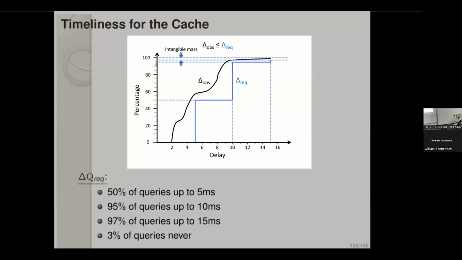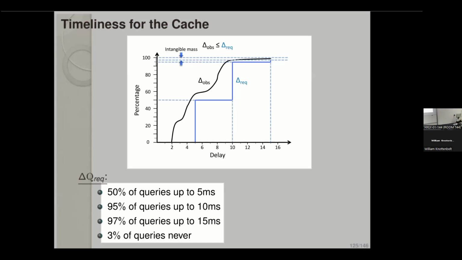I would like to now speak to you about this blue one, which is the delta Q that is required. Suppose that the cache is to deliver 50% within up to 5 milliseconds, 95% within 10, 97% within 15, and 3% of the queries are allowed to fail, never coming back within a given range of time.